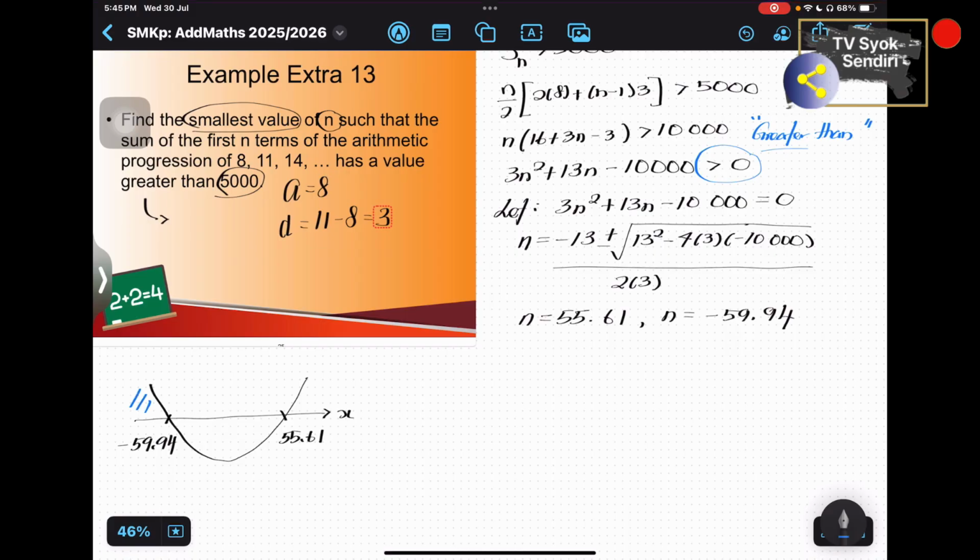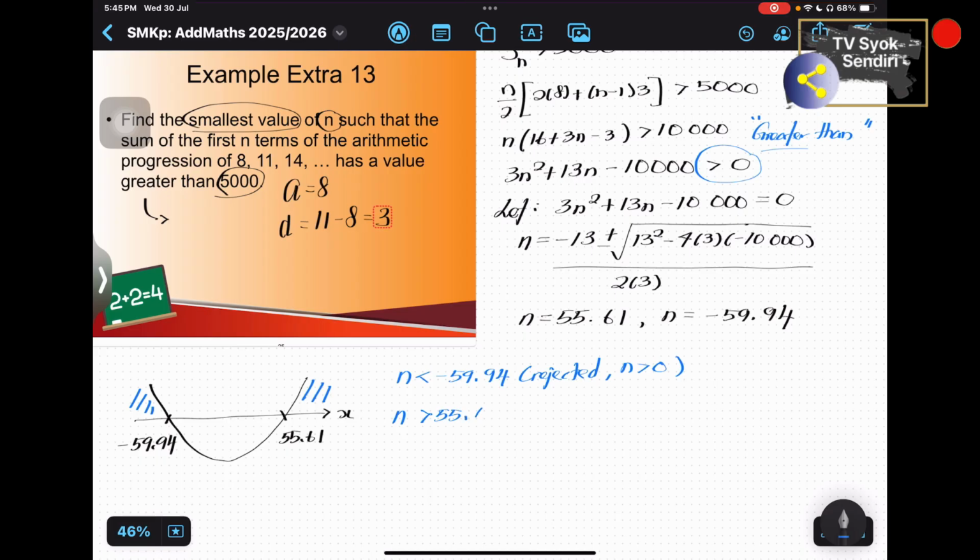Seeing that we're reading it as greater than, we are going to take this part and also this part. So we know that n is going to be smaller than negative 59.94. This part we are going to reject. Reason? Because n must be greater than 0. You cannot go for more negative.